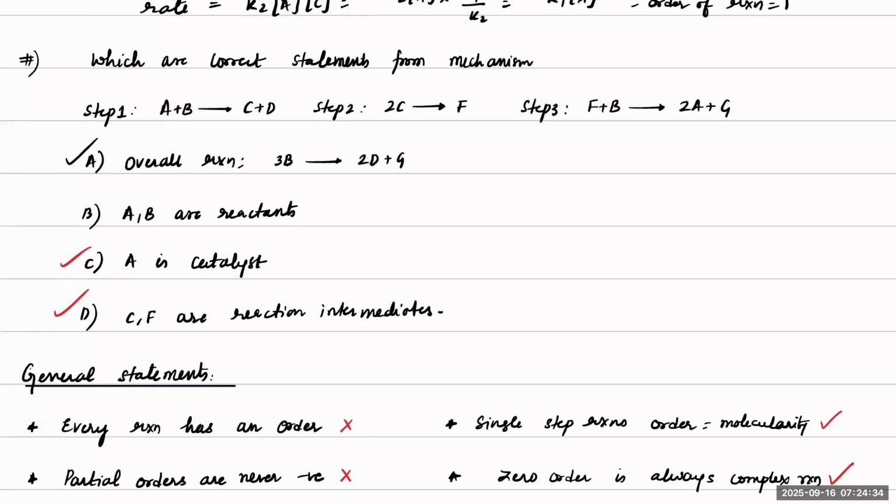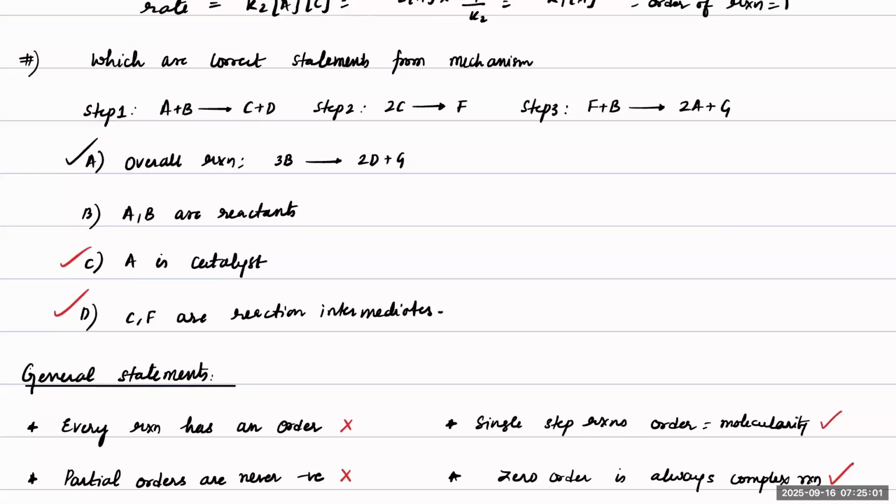Yes. And you can see F is getting formed and it is getting consumed as well, which means it must be an intermediate. F is an intermediate. Clear? Likewise, C is also an intermediate. While D is a product and G is a product.